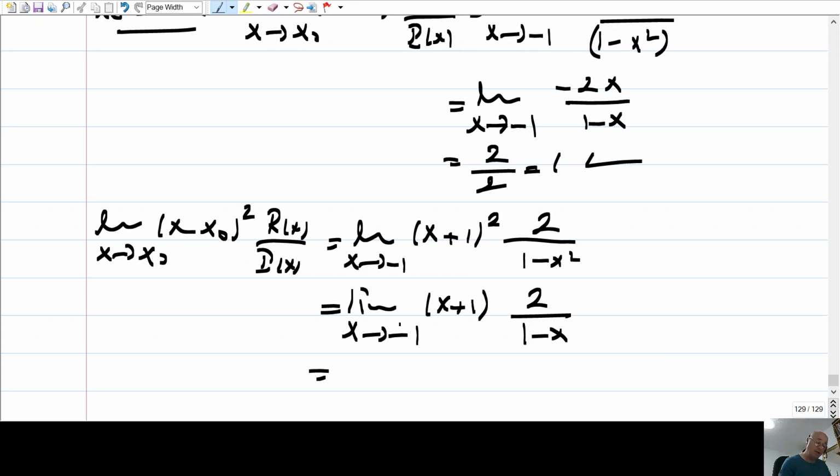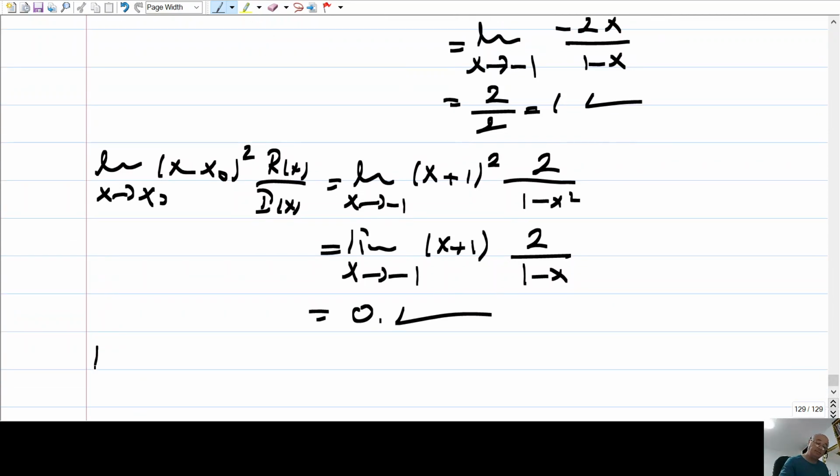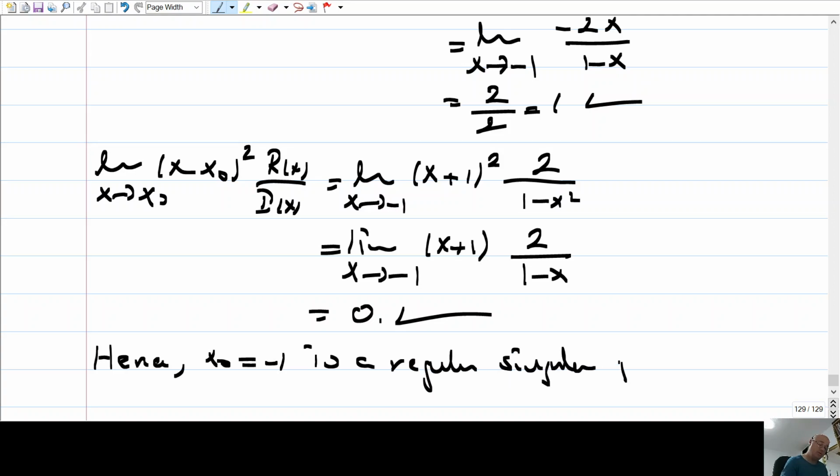And when you plug x equals minus 1, you just get 0, so this limit also exists. Hence, x0 equals minus 1 is a regular singular point. So it is singular, but it is not too bad.